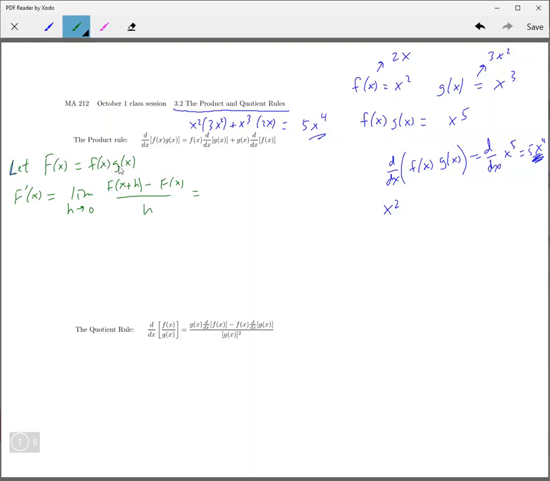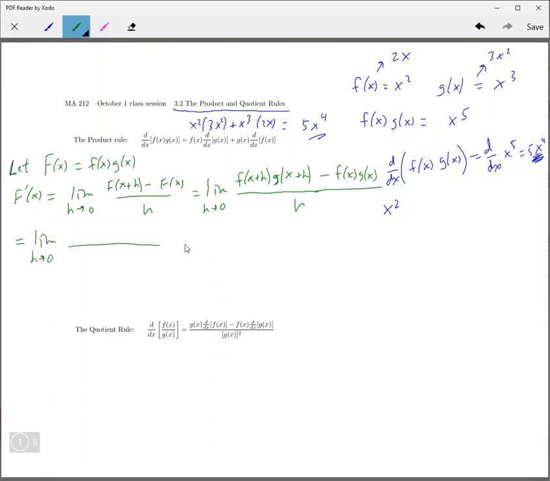Then capital F is these two right here, so that's this.